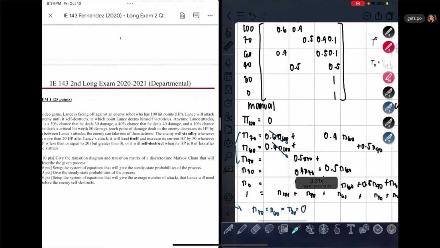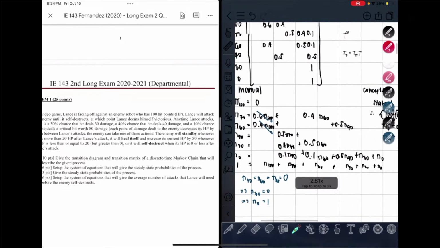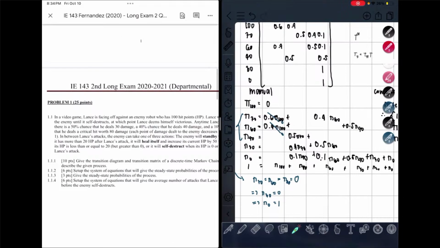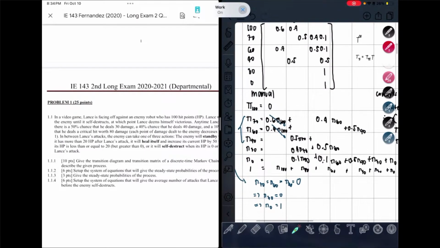So after you do that part, you'll get these systems of equations. So that's the answer to 1.1.2, right? The next thing we want to do is try to extract as much information as possible before we have to plug in. The likely scenario in the exam is they will force us to have more than four simultaneous equations.